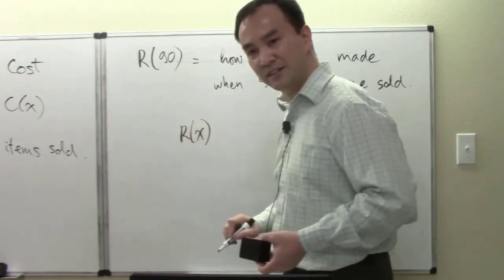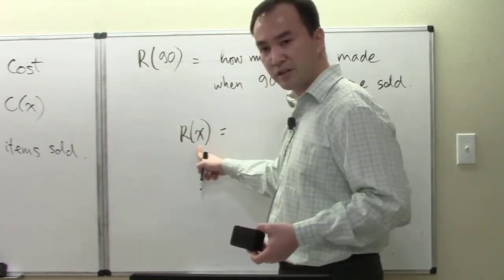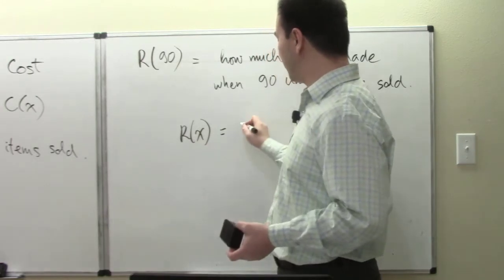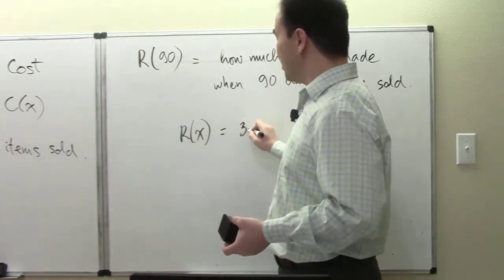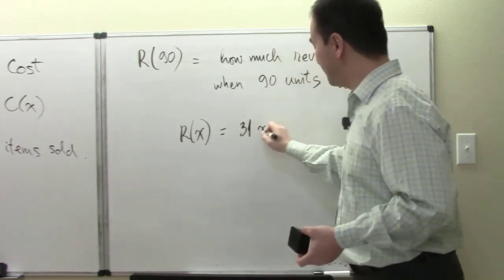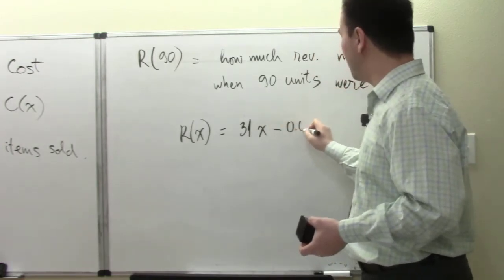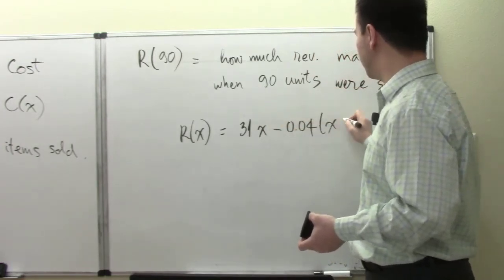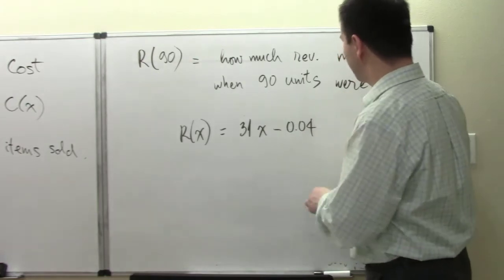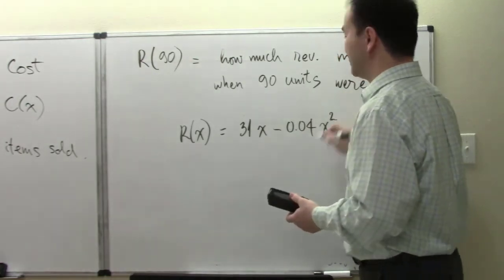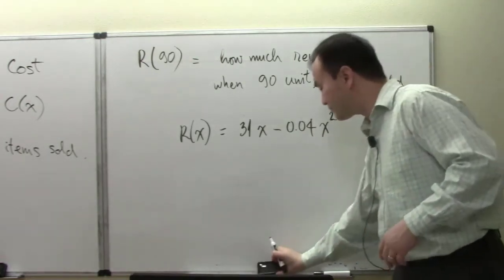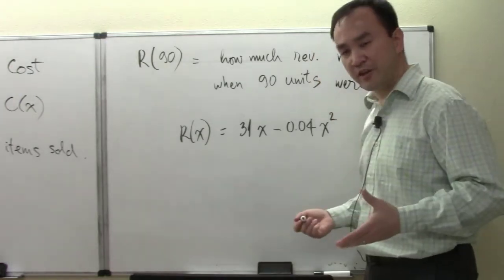R of x, the revenue as a function dependent on the quantity being sold, is 31x minus 0.04x squared. All right, so that's our general revenue function.